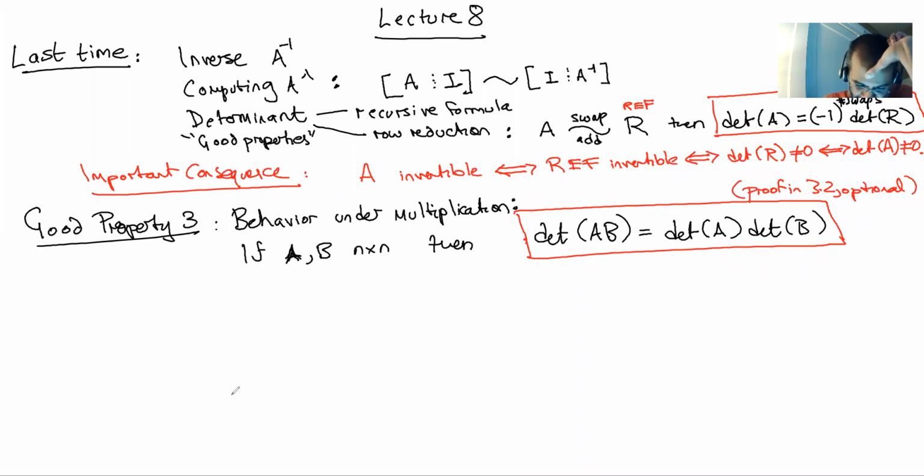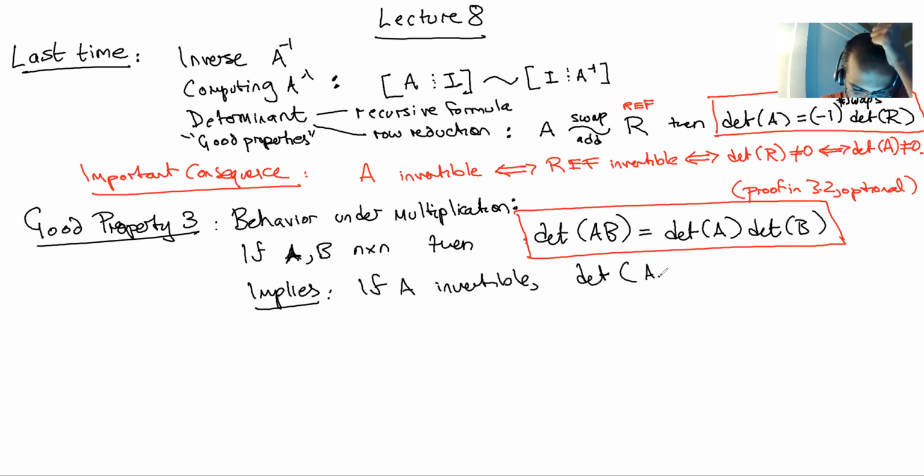And let's check. One nice consequence of this multiplication fact is that if A is invertible, then the determinant of A times A inverse is equal to the determinant of A times the determinant of A inverse. But the determinant of A times A inverse is just the determinant of the identity. And what's the determinant of the identity?